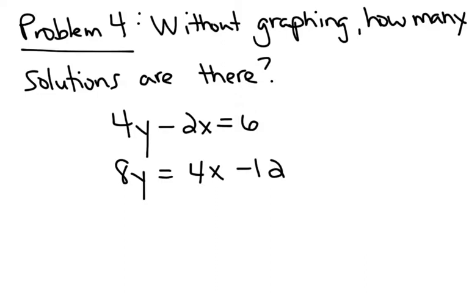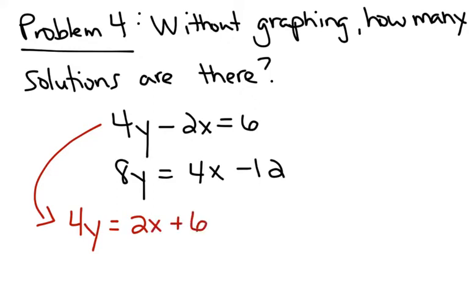What I'm going to start with is I'm going to put both of these in slope-intercept form. So in the first equation, to put it in slope-intercept form, I'm going to add 2x, and then I'm going to divide everything by 4. When I divide everything by 4, I get 2 over 4x, which reduces to 1/2, and I get 6 over 4, which reduces to 3/2.